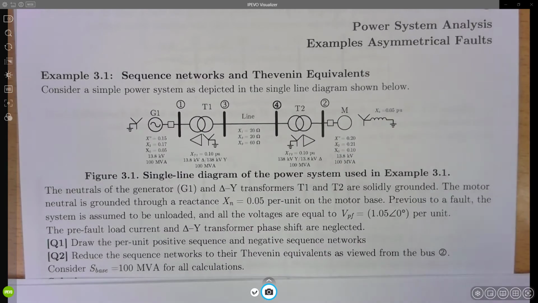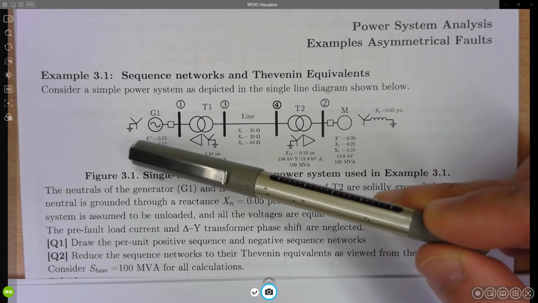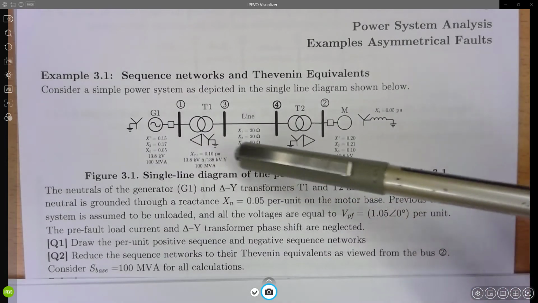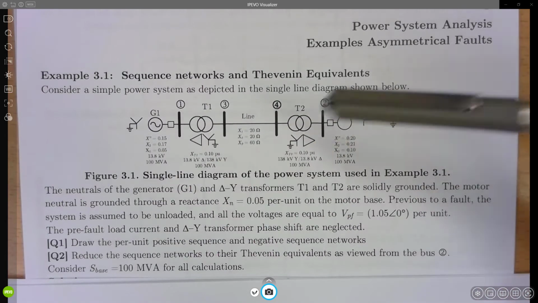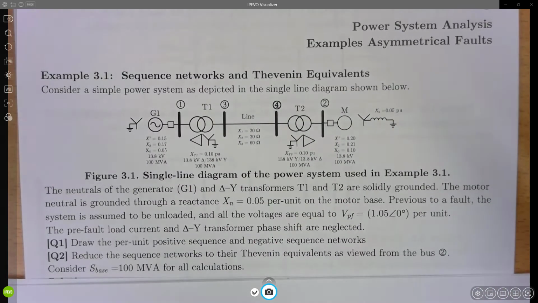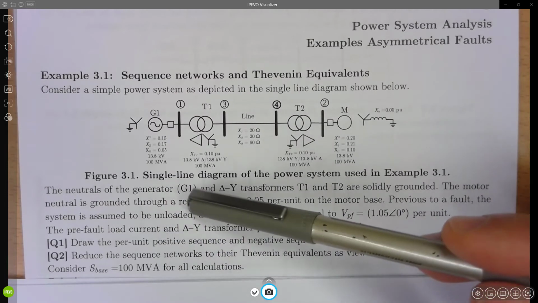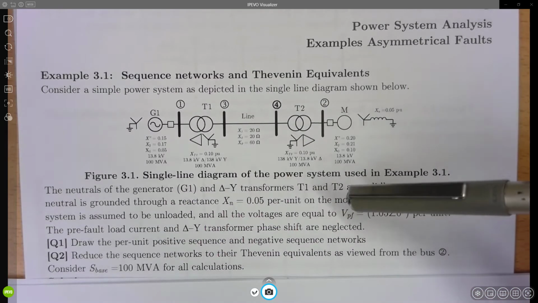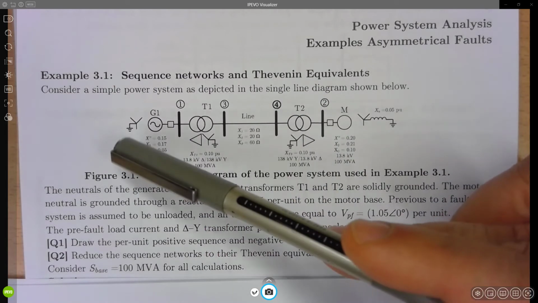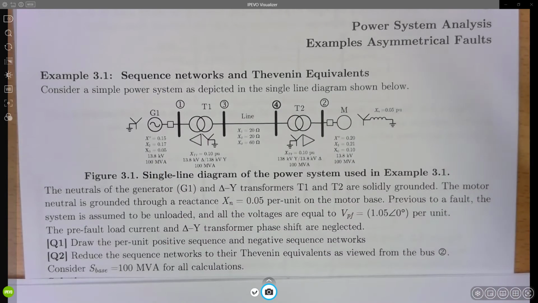You can see that this system is quite interesting for asymmetrical faults because of the specific connectivity of each device. First, the generator and the transformers T1 and T2 have star connections, and those star connections are solidly grounded.